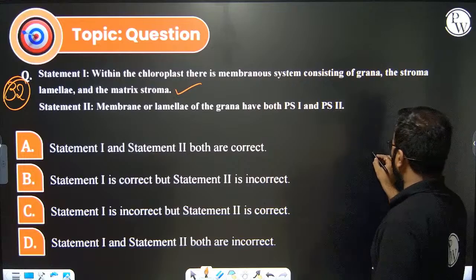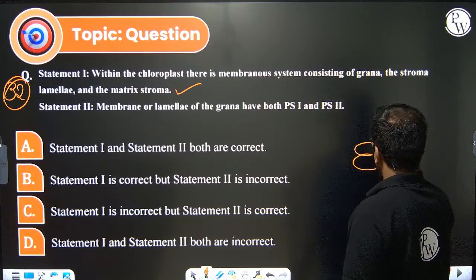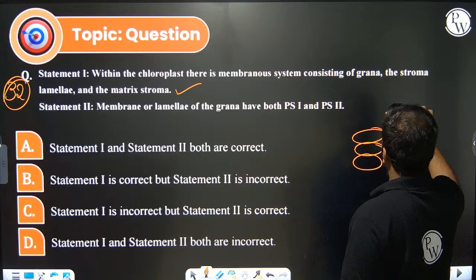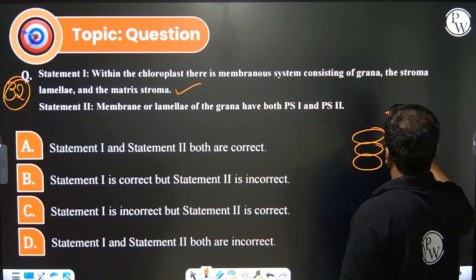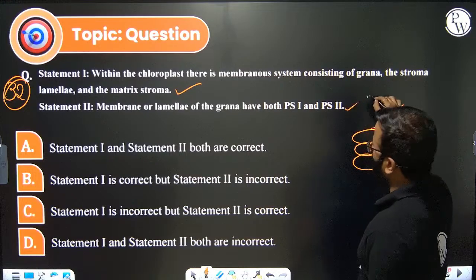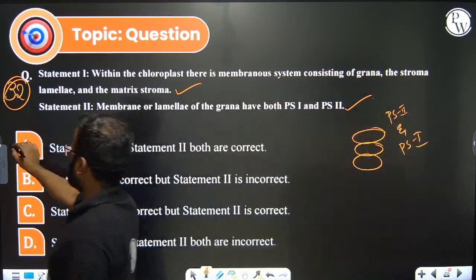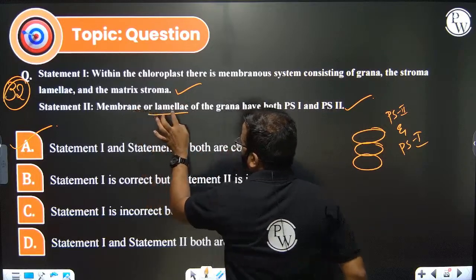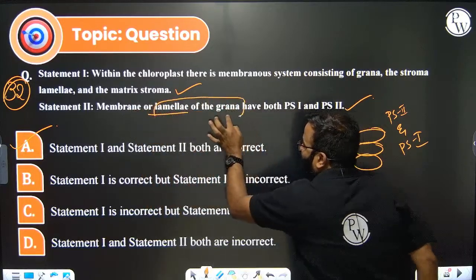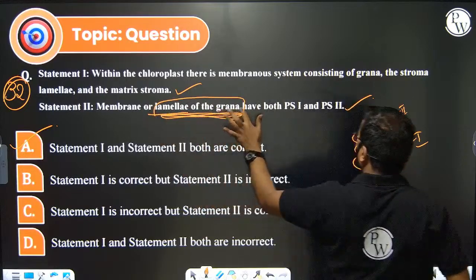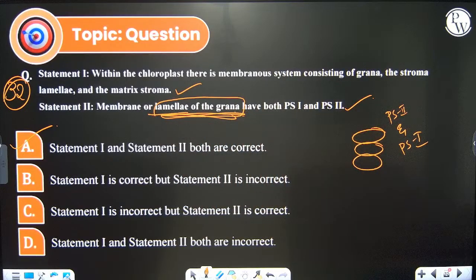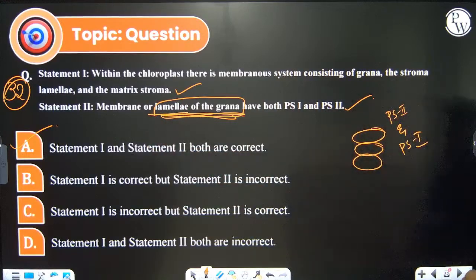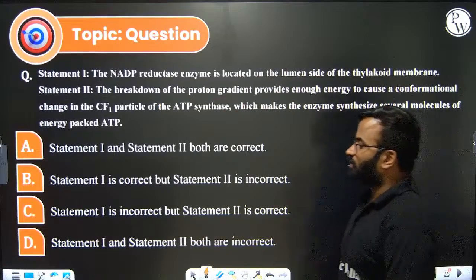He's talking about the grana thylakoids. He says these grana thylakoids usually have both PS2 and PS1. So this is also right, and both the statements are correct. Don't go by this word alone. He's saying lamella of the grana. Pay attention to the entire statement and don't be misled by one particular word. Next, 33rd question.